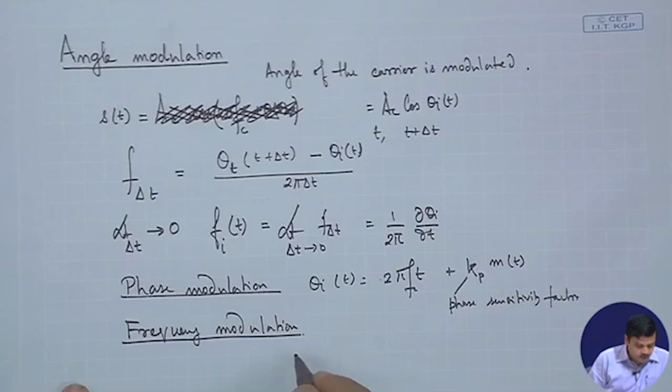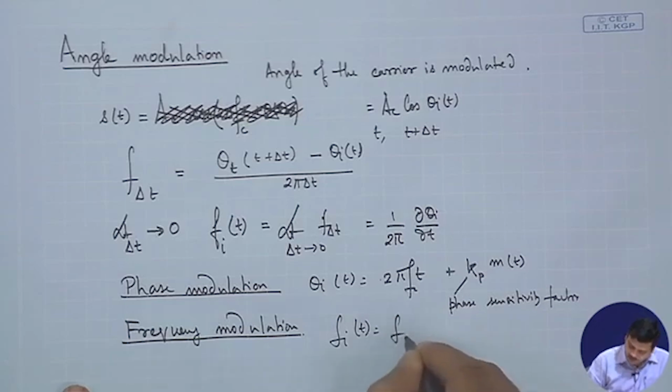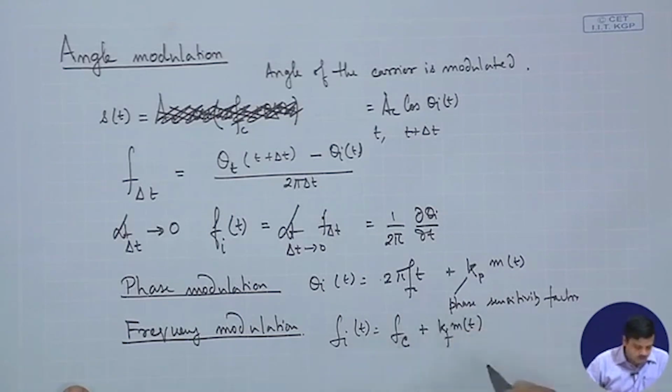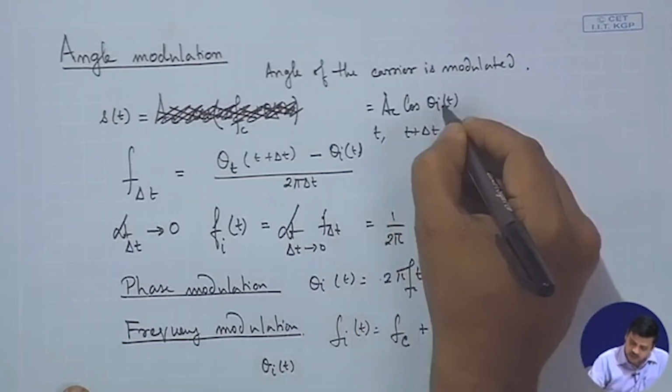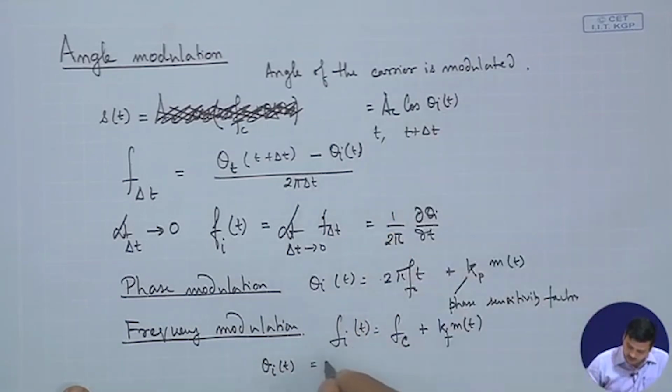In case of frequency modulation, we would say that f_i(t), the instantaneous frequency, is basically the carrier frequency plus k_f times m(t), where k_f is the frequency sensitivity factor, which is also known by other names. In this case, the instantaneous phase theta_i(t) could be written as 2 pi integral 0 to t f_i(tau) d tau.